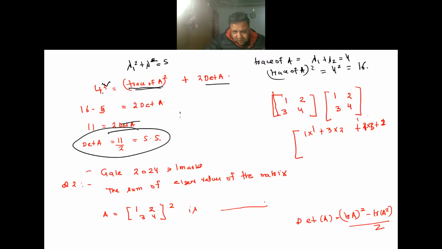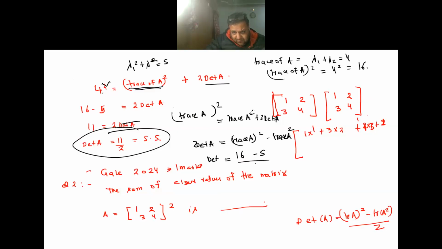Straight away, you can use this formula also to solve. Trace of A square is equal to trace of A whole square minus twice determinant of A. So directly you can write determinant of A is equal to trace of A whole square minus trace of A square, so this is your 16 minus 5, divided by 2.